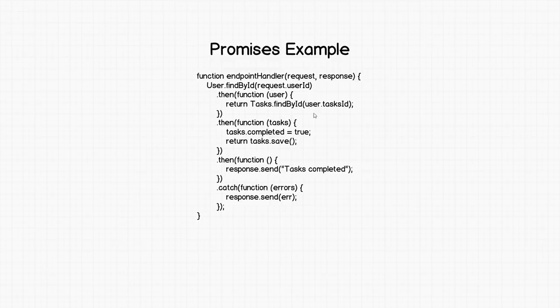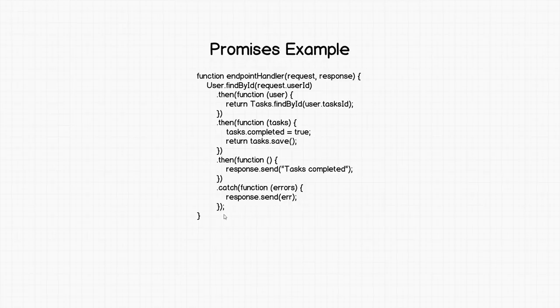Now you might be surprised that we didn't do any error handling so far. So what's going on is, using promises you can call .catch at the end, which will catch all the errors for you, and then we simply respond back to the client with such errors if that was the case. So as you can see, it's much clearer because one, error handling doesn't need to happen all the time.